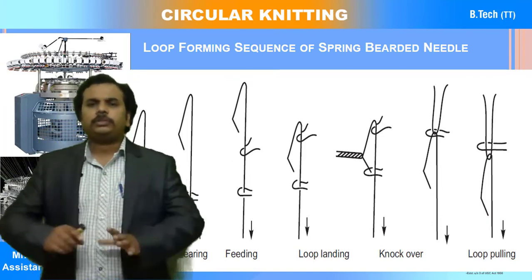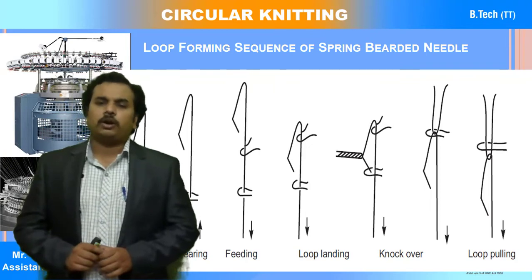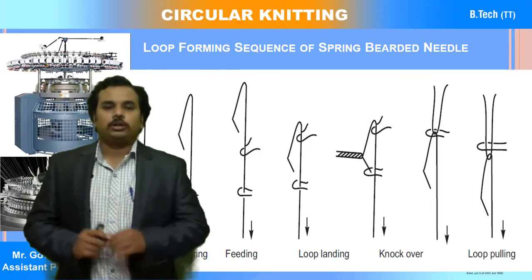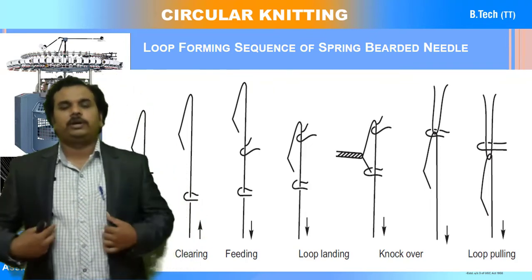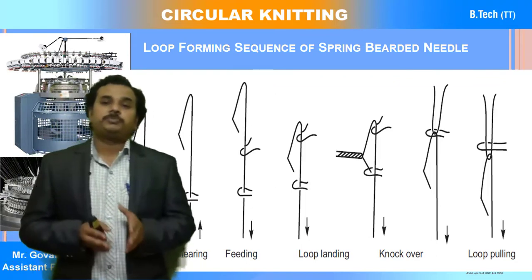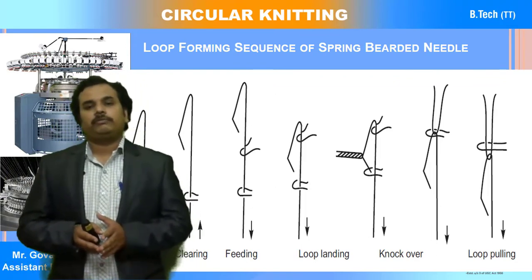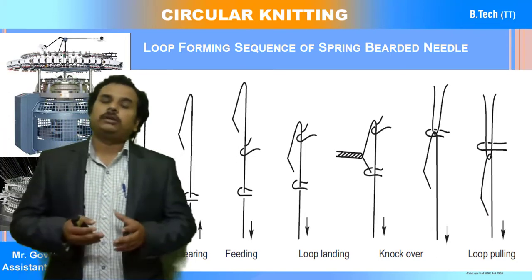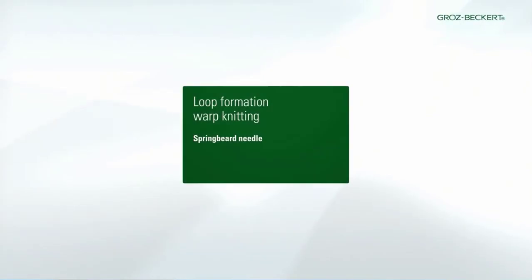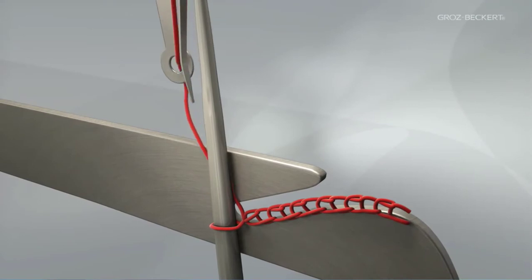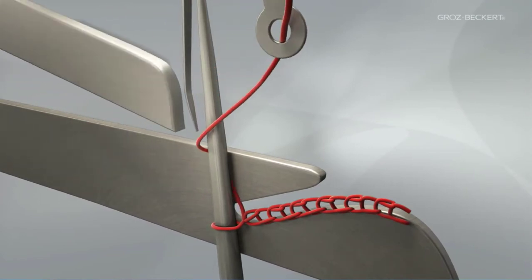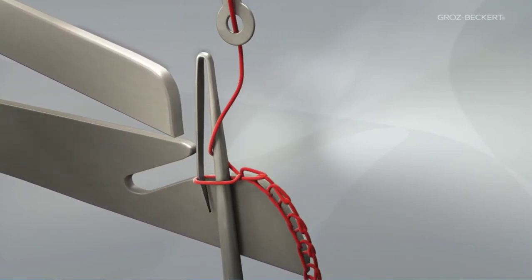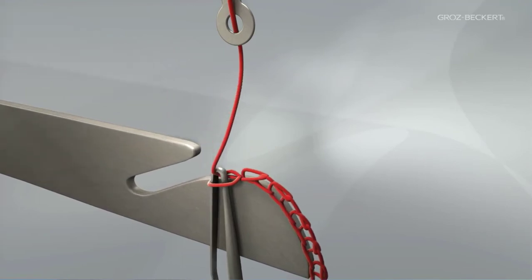Then the loop pulling or knocking over is going to happen. So these are the different steps of the loop formation sequence of the spring bearded needle we are using in the knitting process. Now you can see here a small animation of the spring bearded needle, how it is activated and how the loop formation is happening by using it.